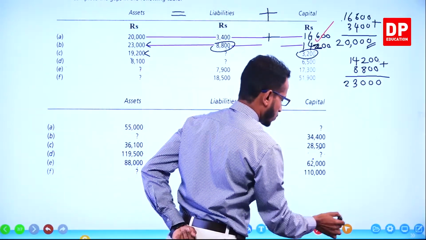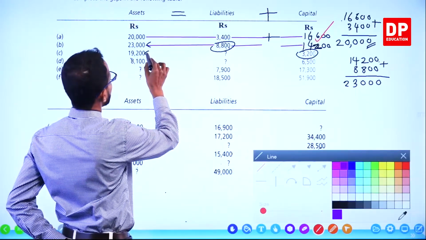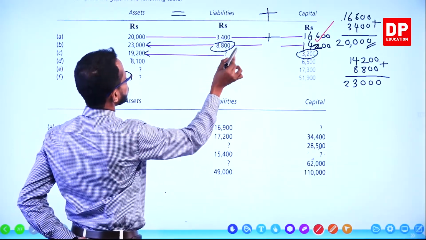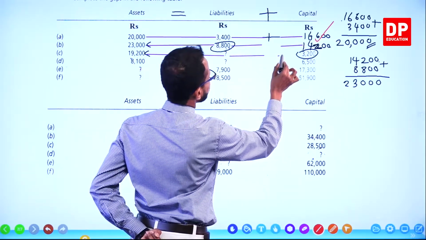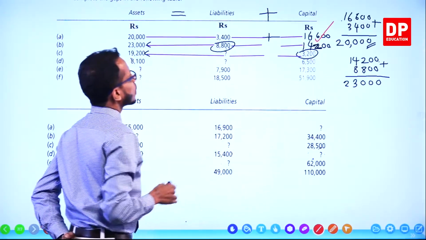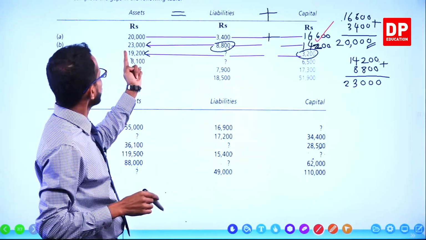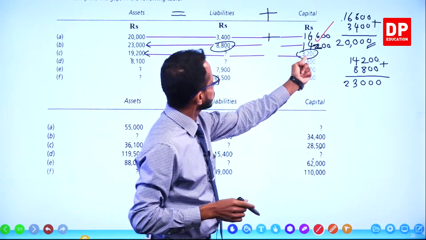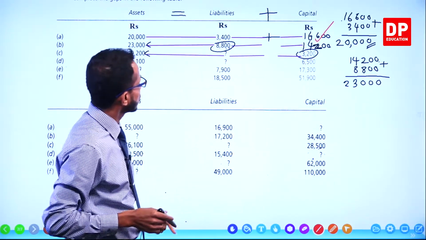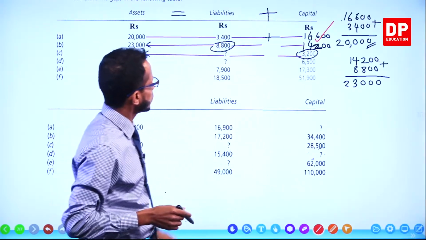All right, drawing lines. Otherwise, it's going to get confusing, right? Okay. 19,200 worth of assets are given. Out of those assets, 3,200 is capital. So 19,200 minus 3,200.